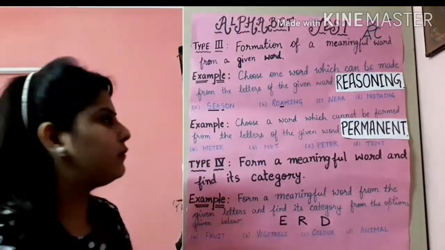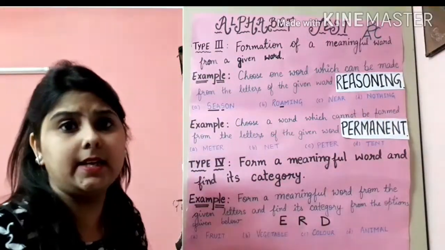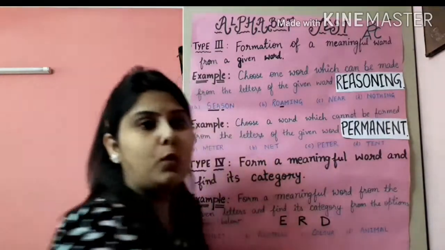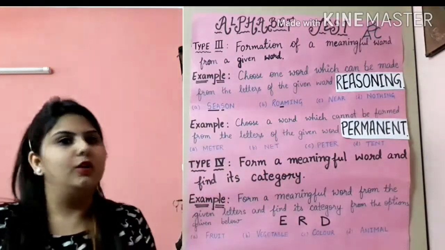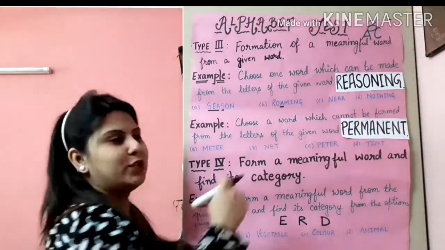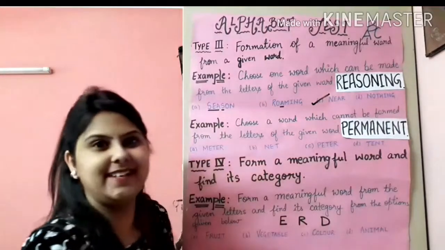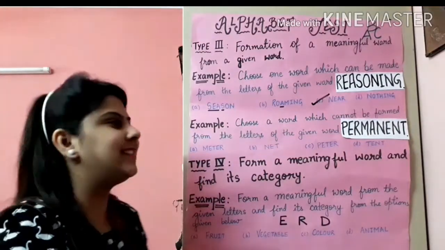But before that we should check option D as well. Option D says nothing. Now if you see, you are not provided with the letter T. So can I form nothing? No, I cannot. So which option is correct? Option C, that is near. So I am able to find my correct answer.